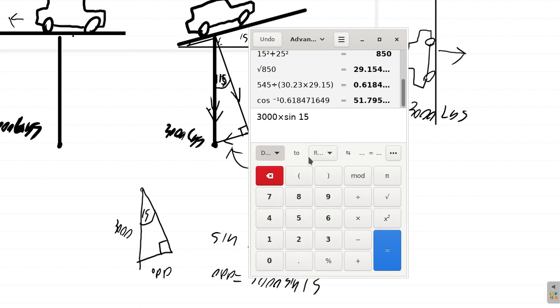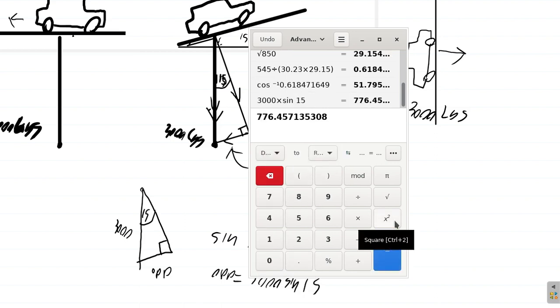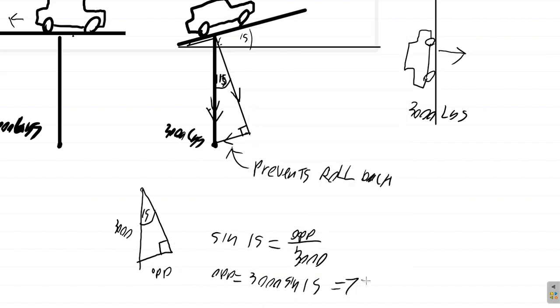Angle in degrees. Good. 15 degrees, equals 776 pounds. Alright. So the component, what? This is 776 pounds.